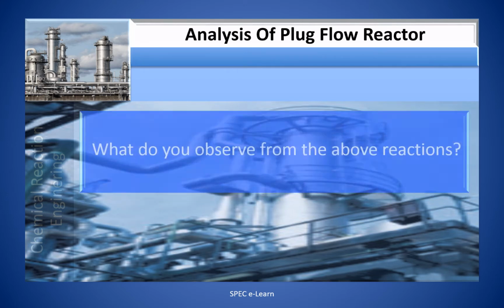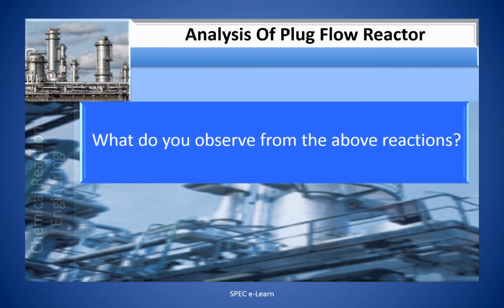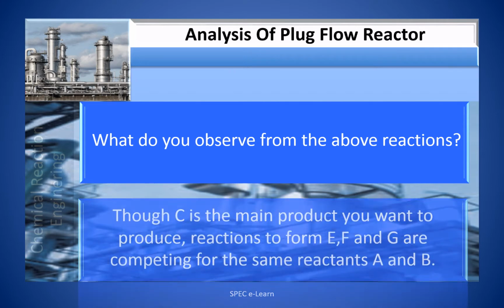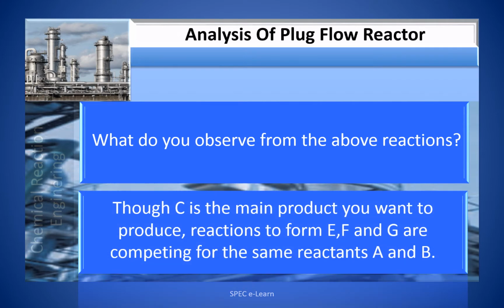What do you observe from the above reactions? Though C is the main product you want to produce, reactions to form E, F, G are competing for the same reactants A and B.